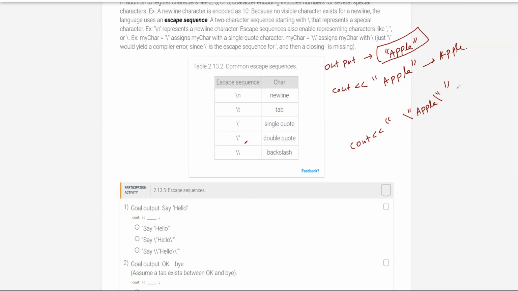If you use this kind of thing, then it will show you apple with the double quotes as the answer. Okay, so if this is the output, this is how you do it. So yeah, the slash with this. If you don't have the slash, obviously this is an error. This won't work.